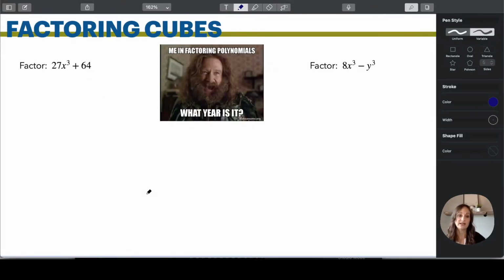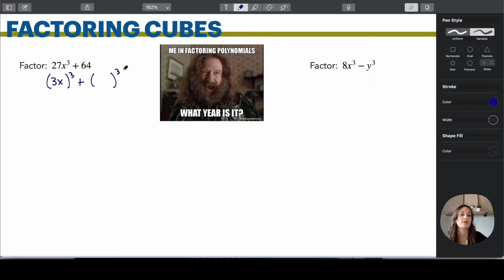So let's actually do an example. Let's say we need to factor 27x cubed plus 64. The first step is to figure out what is being cubed to get you 27x cubed. In this case, it would be 3x, because 3 to the third power is 27.